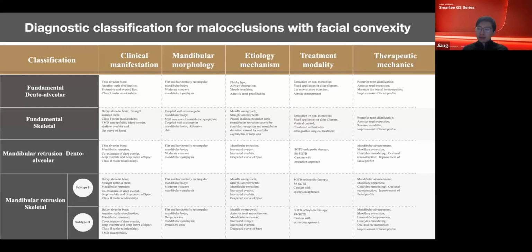But we have different treatment plans for each category. Especially for the mandibular retrusion categories, we have a new clear appliance called S8 SGTB, which is specialized to treat this kind of malocclusion.